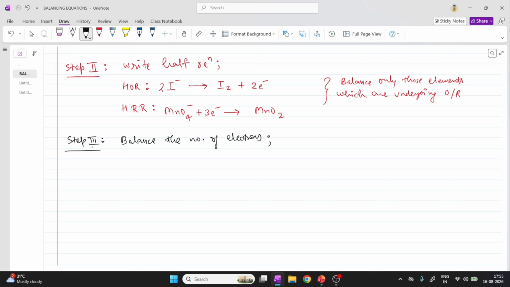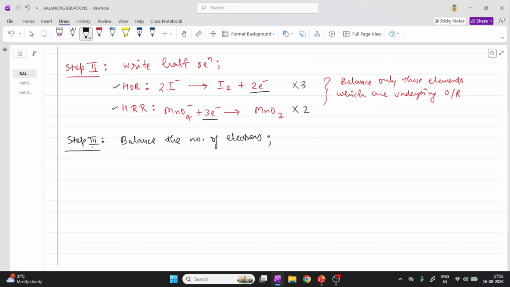In this case, we have 2 electrons. In this case, we have 3 electrons. We can do this by multiplying this particular equation by 3 and this equation by 2. Then these numbers of electrons will be equal: 3 twos are 6 and 2 threes are 6. So this is the process that we will be doing, multiplying the half oxidation reaction by 3 and the half reduction reaction by 2.